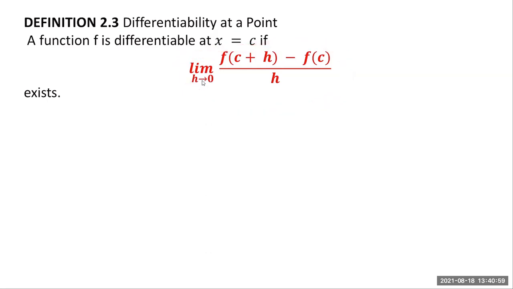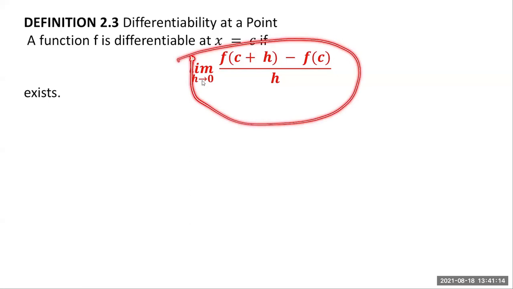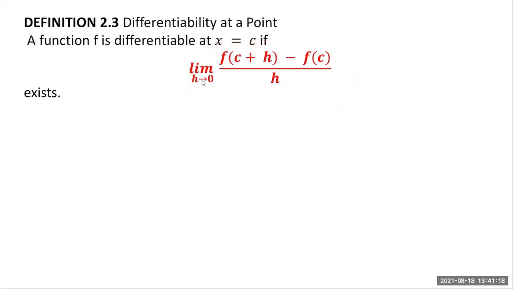Notice that this is the definition of the derivative of f of x at x equals c. So we say that the function f is differentiable at x equals c if the derivative exists at x equals c. Okay, so that's a definition.